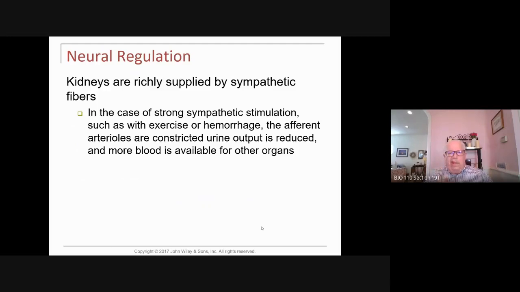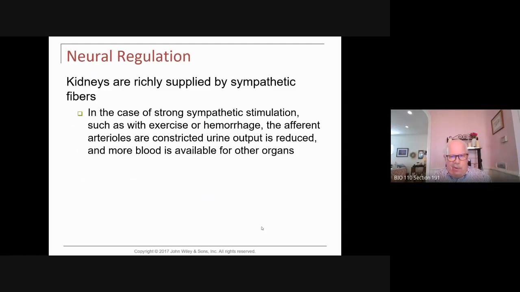Neural. The kidneys have a rich supply of sympathetic nerve fibers. When there is a strong sympathetic stimulation, such as when you're running or when you're bleeding, the afferent arterioles will constrict. Glomerular filtration rate will drop.